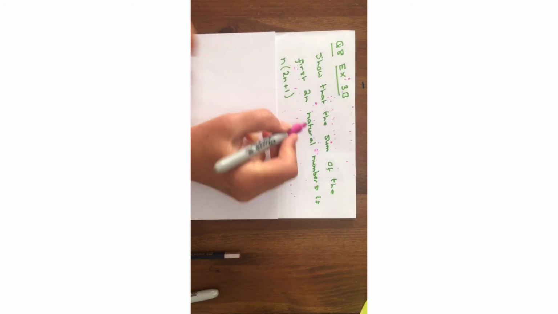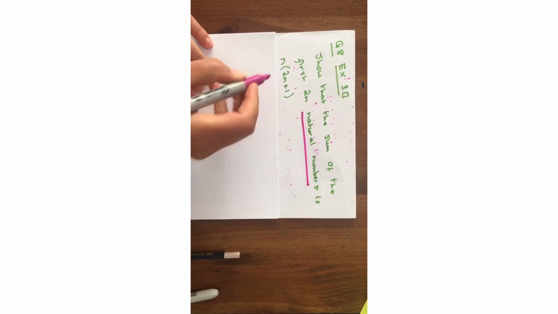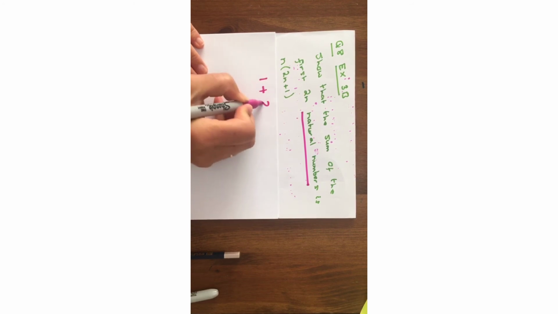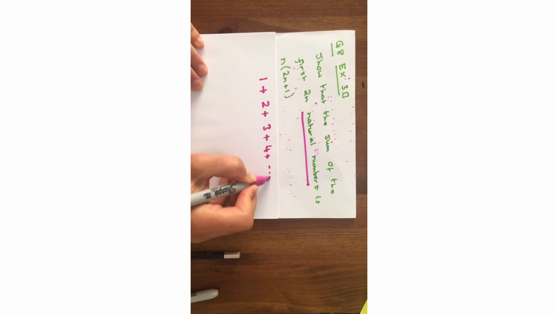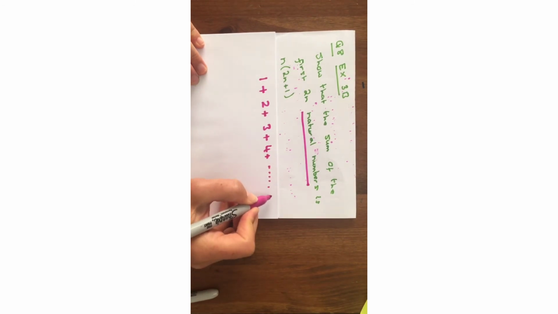Question 8, exercise 3B. So the natural numbers, what we mean by the natural numbers is 1 plus 2 plus 3 plus 4, all the way up to 2n. So the first 2n natural numbers.